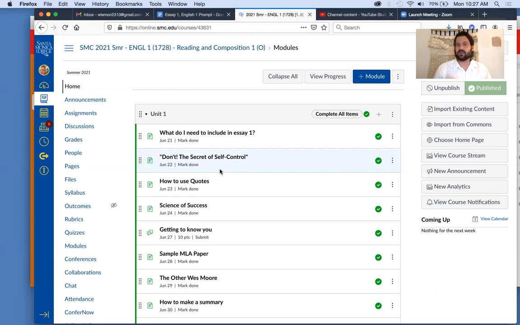A lot of times you might do something for a class discussion and realize, oh wow, this could be a body paragraph in my essay, or this is the beginnings of a body paragraph. Or in the reading quiz, a lot of times what you're doing is building material for those body paragraphs as well. So it's really important that you do those assignments and do them to the best of your abilities, because in the long run, that's going to help you when you go to write your essay.